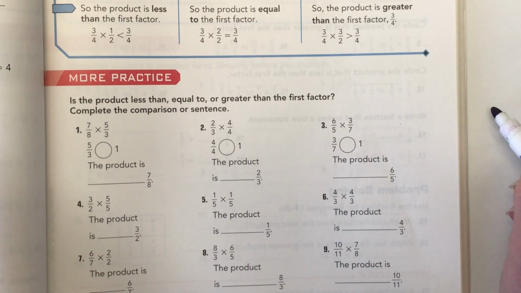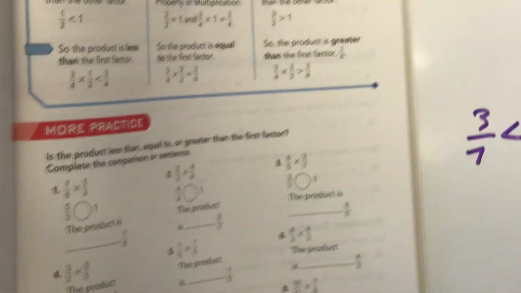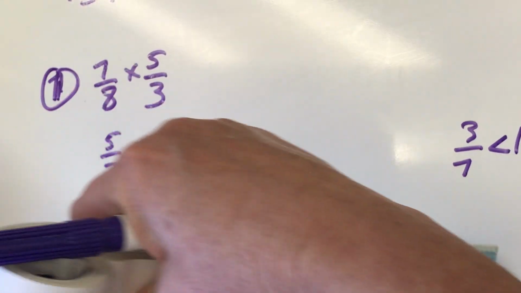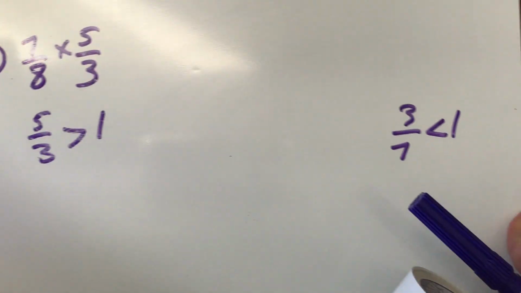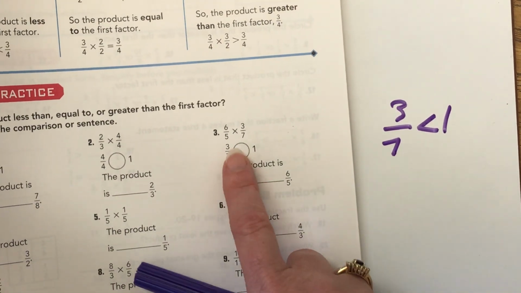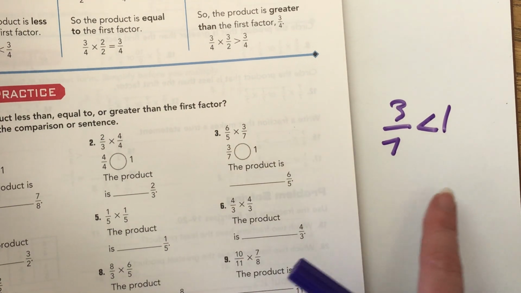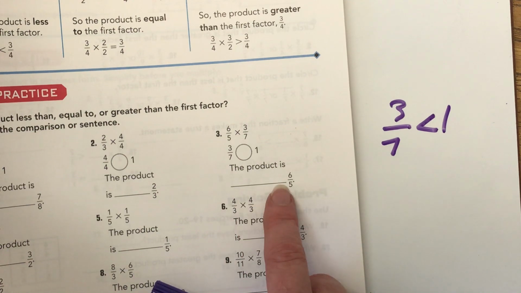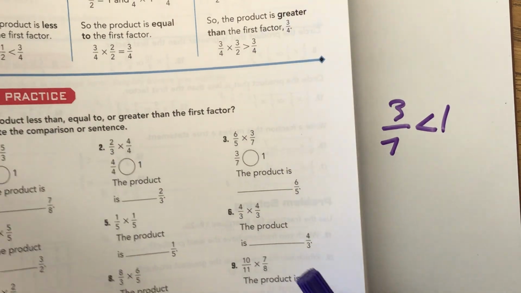Well, 3/7 is less than 1. So therefore, when I multiply, I'm going to get something that's smaller than 6/5 because I'm multiplying it by something less than 1. So the product is less than 6/5.